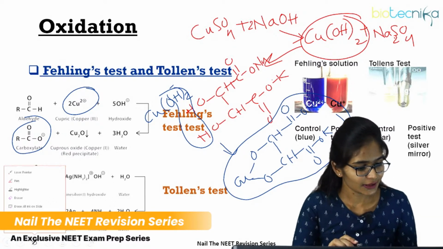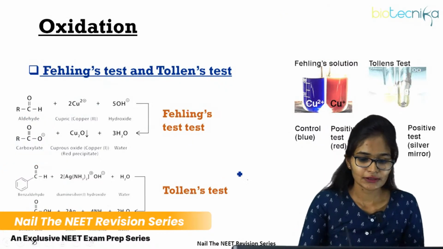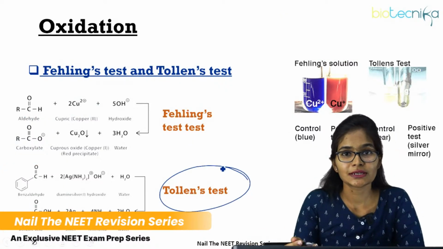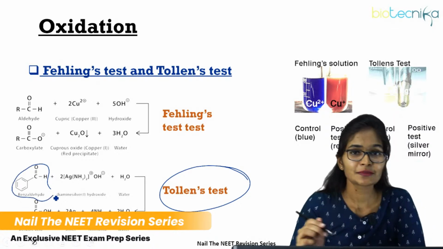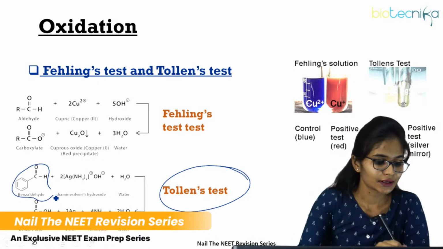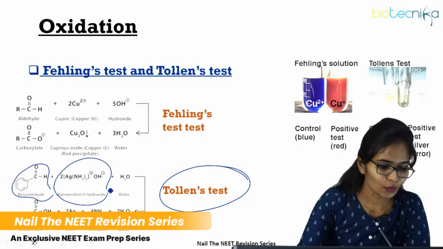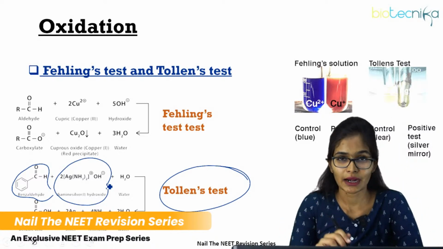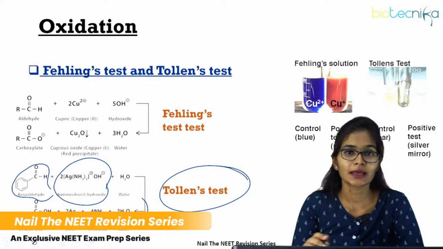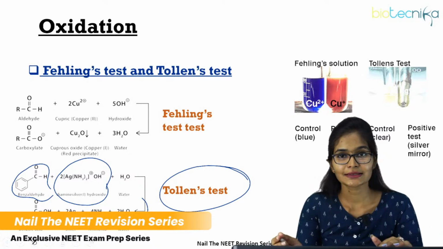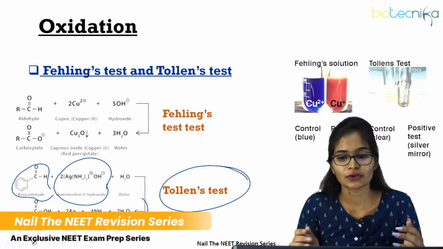Now coming to the next part, Tollens' test. You have benzaldehyde, which is treated with diamine silver 1 hydroxide. Upon adding water, you get benzoic acid, along with Ag and NH3 gas evolved, and water is also eliminated.